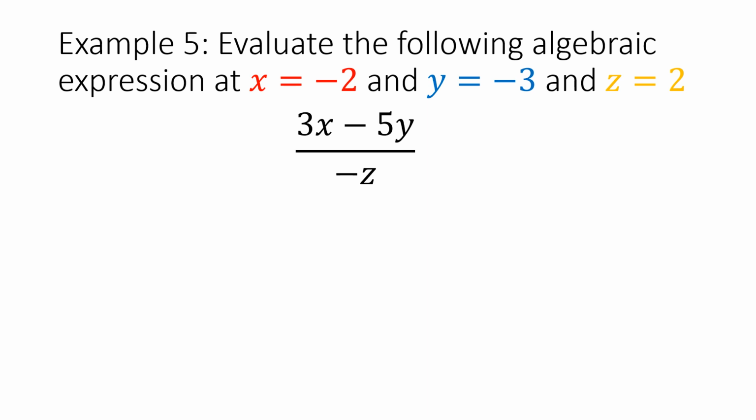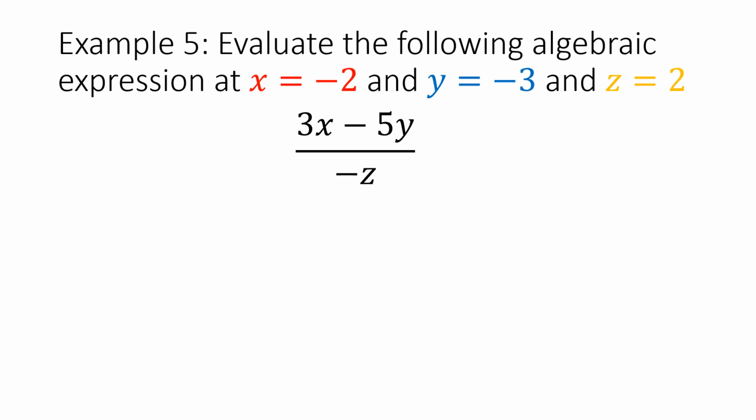All right, let's look at example 5. It's our last example. We're doing three variables again, but I wanted to do an example that looked like this where there's a fraction involved. And so we're going to evaluate the following algebraic expression at x equal to -2 and y equal to -3 and z equal to 2. The numerator of our fraction is 3x minus 5y, and that's all being divided by -z.